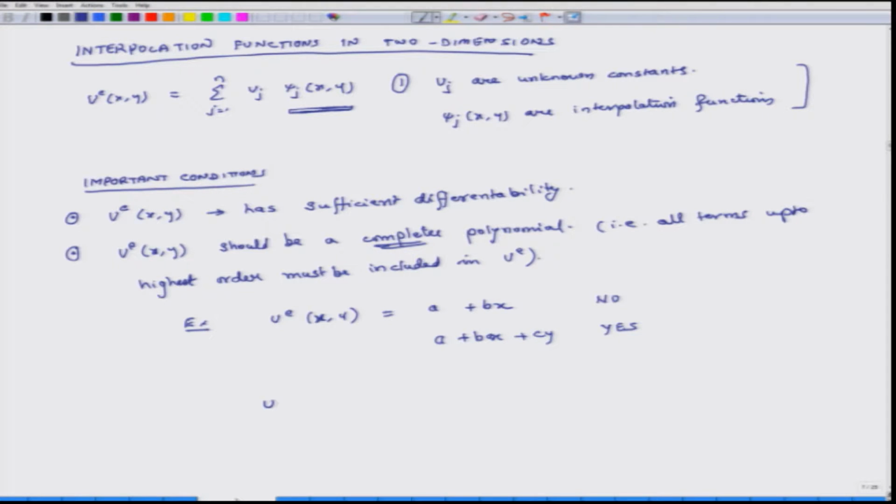Another example, u e of x y equals a plus bx plus dxy. Is it a complete polynomial? No, because I am missing the y term. So, a complete polynomial would be a plus bx plus cy plus dxy. This is a complete polynomial.